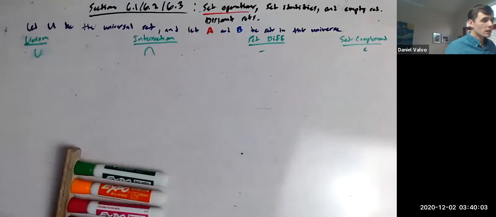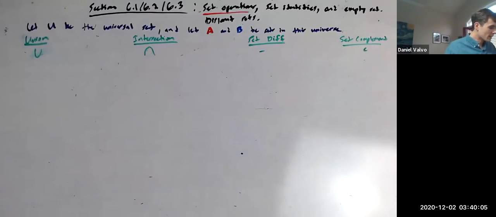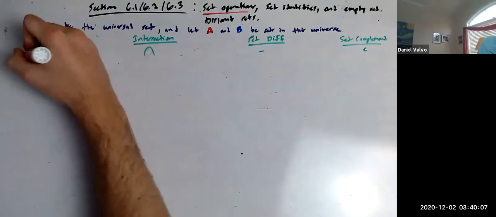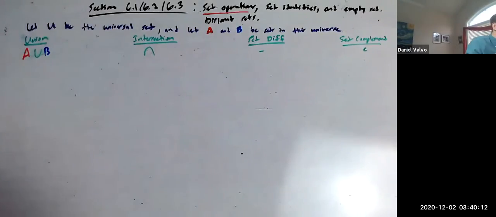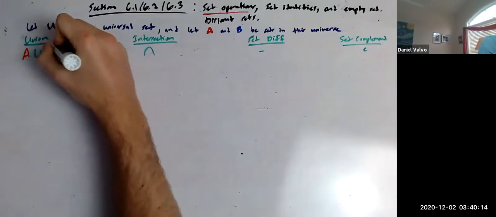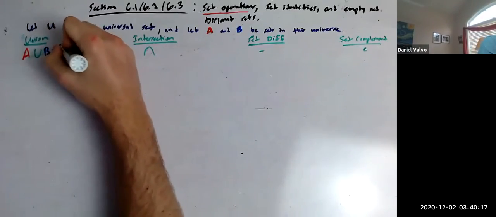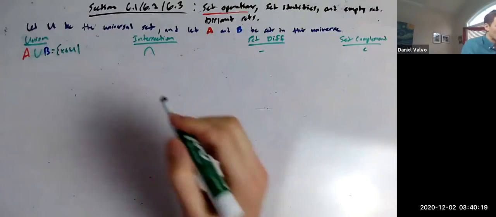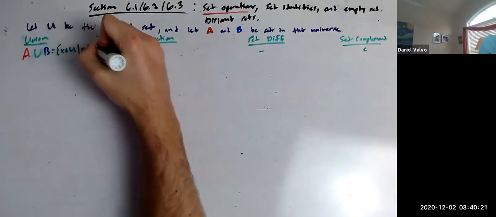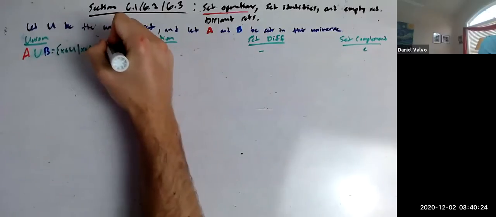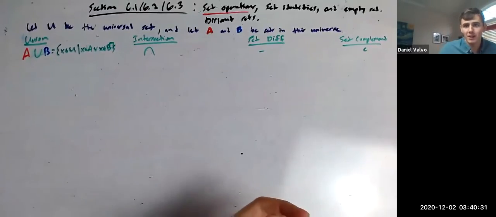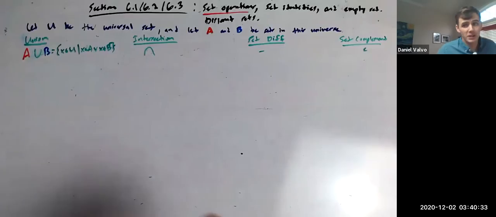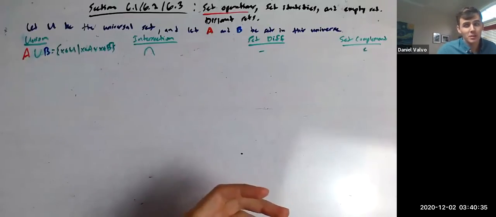The point is, the union is a union of two sets. So we do the union of A and B, and what we said that equals is all x in the universal set, because that's the context we care about, such that x is in A or x is in B. Remember we had two statements, an or statement.